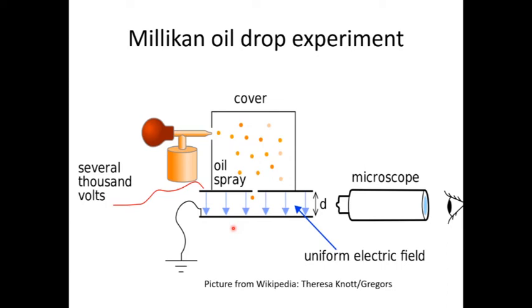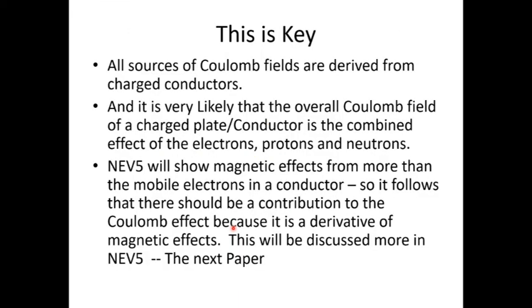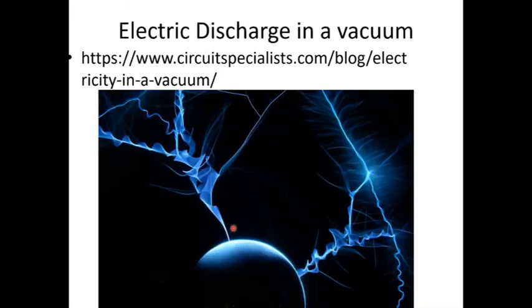But I do have one striking piece of evidence to suggest that the source field cannot be a symmetrical sphere, and that it is the non-spherical field that I've described before. And that is lightning, or discharge in a vacuum. This is where I got the picture from. They claim this is discharge in a vacuum. It looks like it is because it looks like smoke.